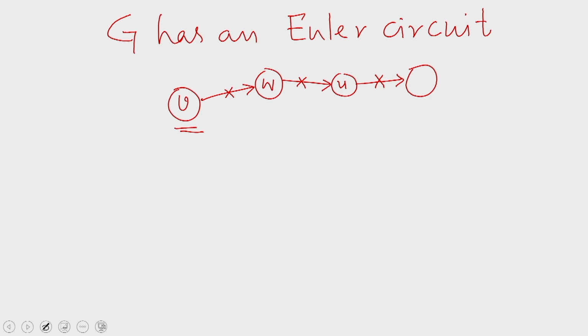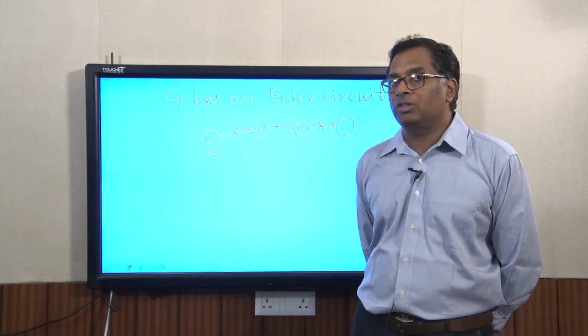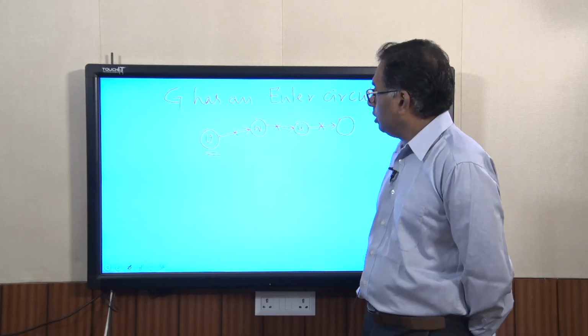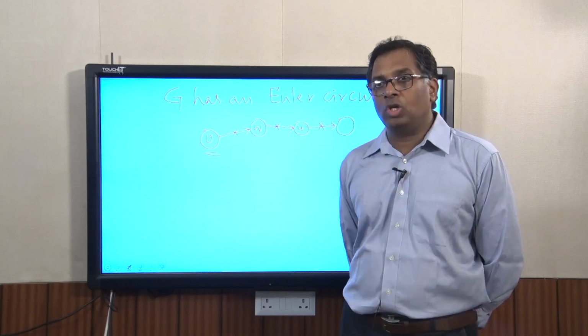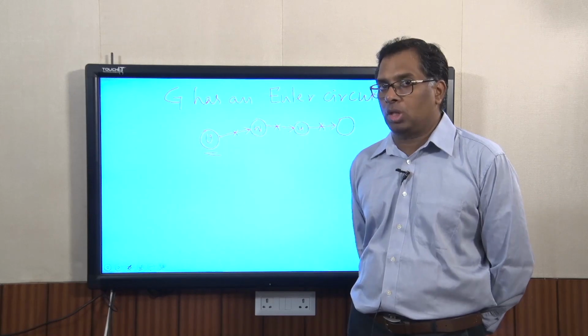Now, this is violated only when we come back to the start vertex. When we come back to the start vertex, then every vertex in the graph has an even degree. Every vertex that we have encountered has lost exactly 2 edges. So, let us say we complete the circuit, in which case we have passed through every single edge and we have come back to the start vertex.